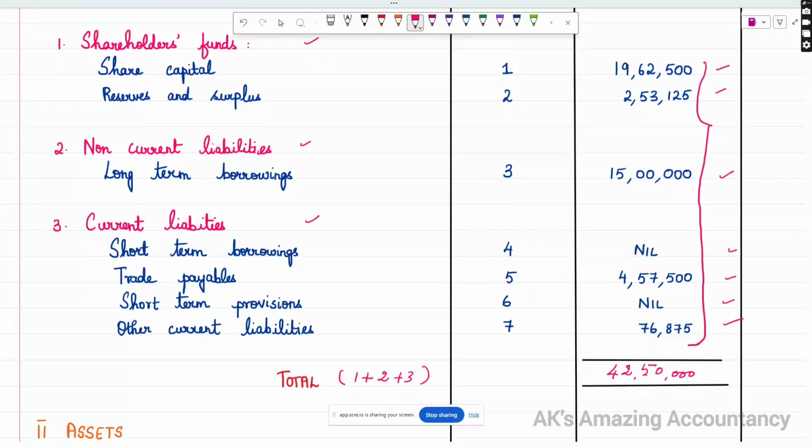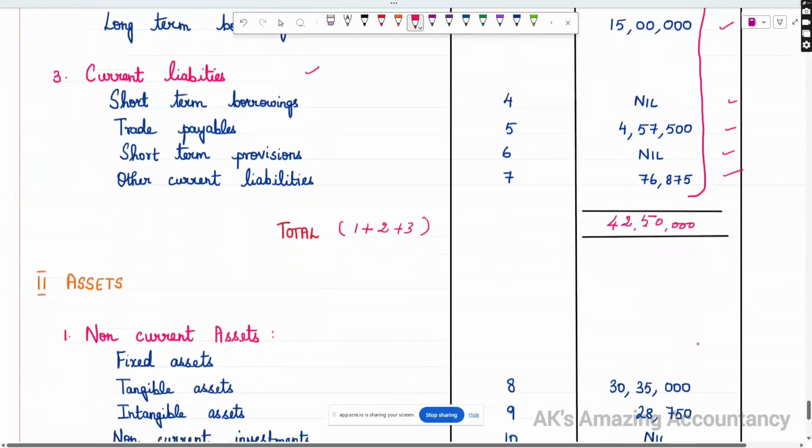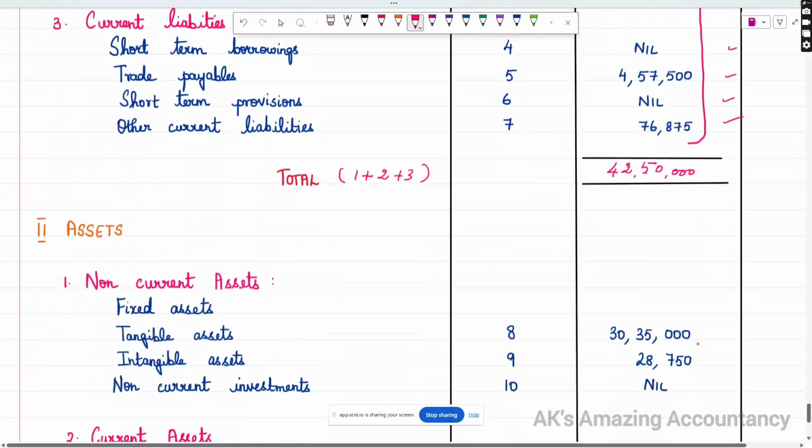Now let us proceed with assets. Under assets, we have non-current assets. Under non-current assets, fixed assets, we have tangible assets as per note 8. You can have a look at the notes which we have prepared already. 30 lakh 35,000. Intangible assets, note 9, 28,750.